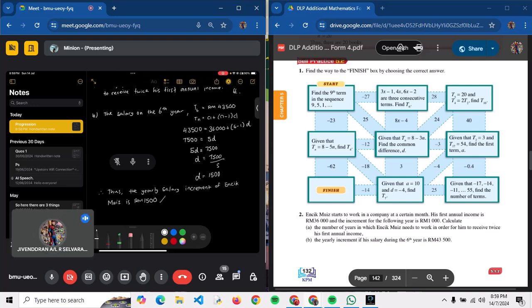So we put all the info in the formula: T6 is 43,500 equals a is 36,000 plus n is 6, so 6 minus 1, times d. Now we have to find the d, which is the yearly increment. We expand the bracket and move the numbers, and you will finally get d equals 1500. That means his yearly increment is 1500.